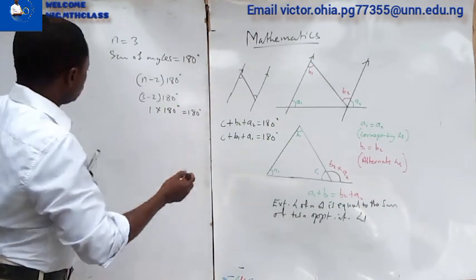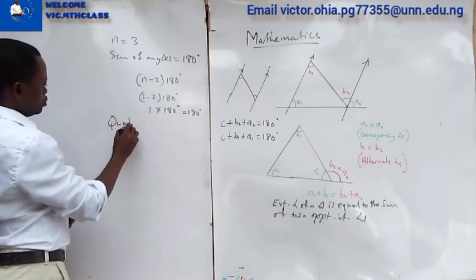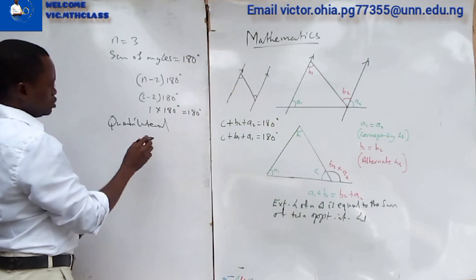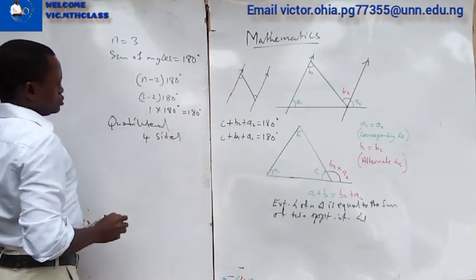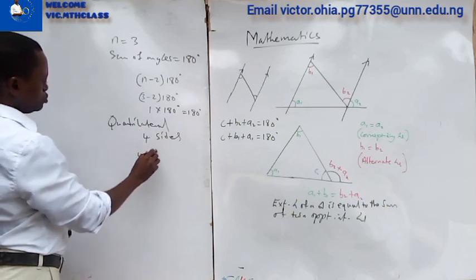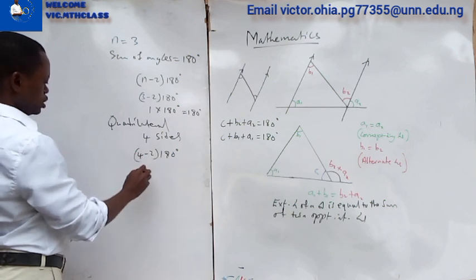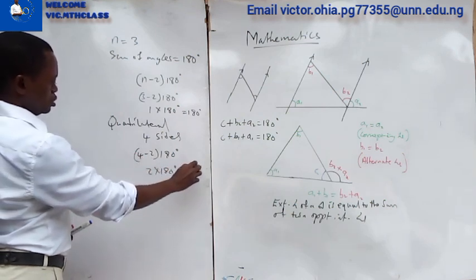So if you also check out that of a quadrilateral, you see that a quadrilateral has four sides. So if you plug it in here, you will have 4 minus 2 into 180 degrees. So what you are realizing here is 2 times 180 degrees, which is 360 degrees.